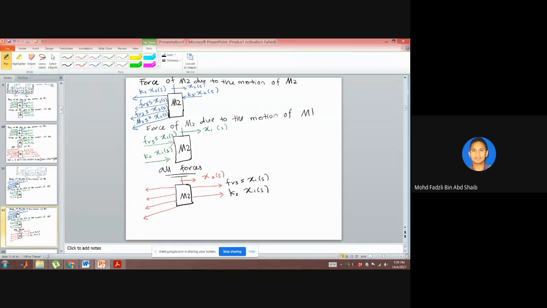Where's K3? K3 is here. So K3 times X2 s, right? K2 times X2 s. This one, K2 times X2 s, right?